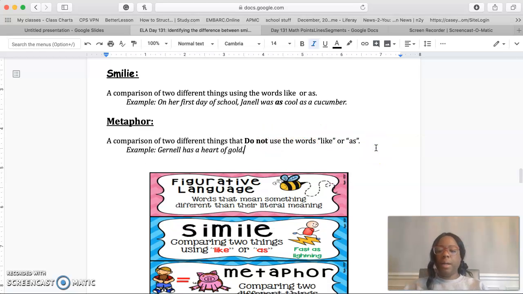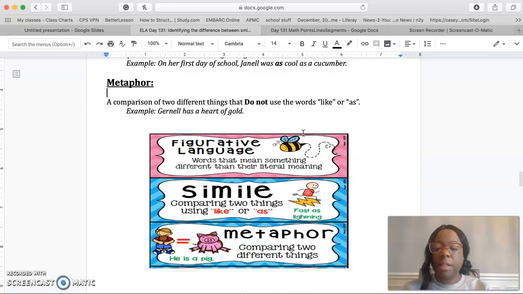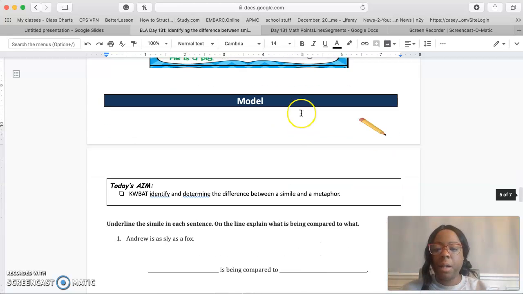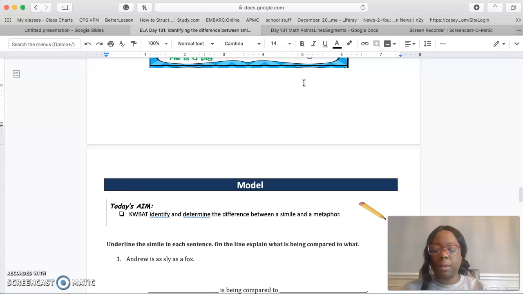Our example is Jernell has a heart of gold. We're comparing Jernell's heart to gold. All right, so since we know what a simile is, and since we know what a metaphor is, we can keep it moving. All right, let's go on to our model.